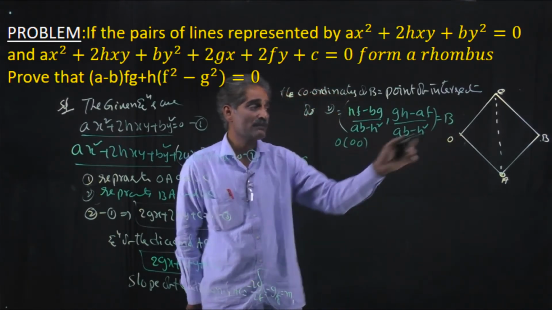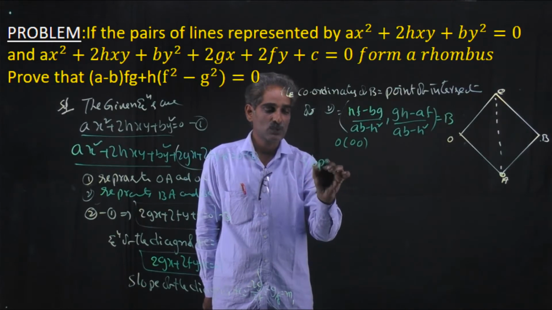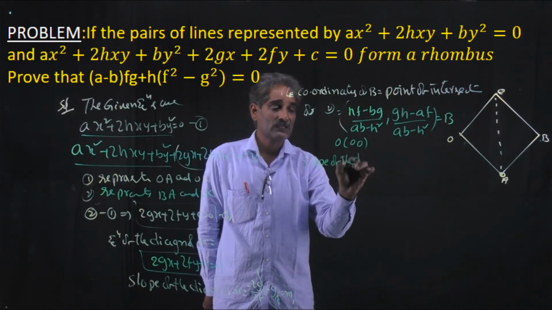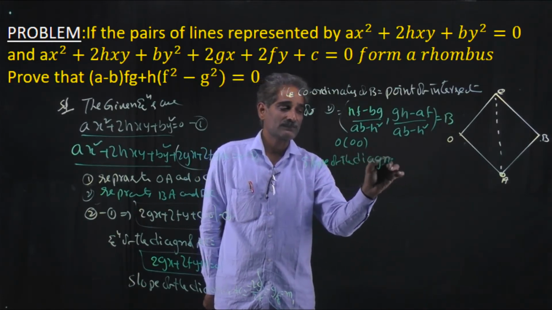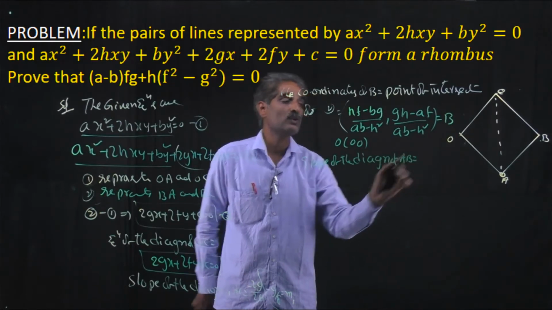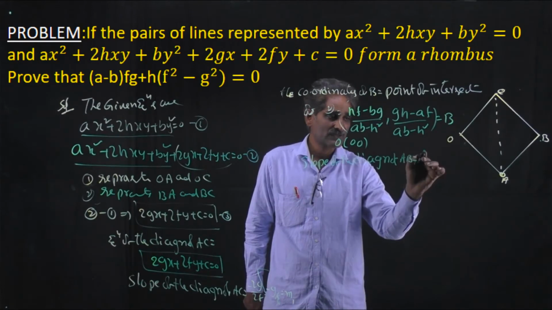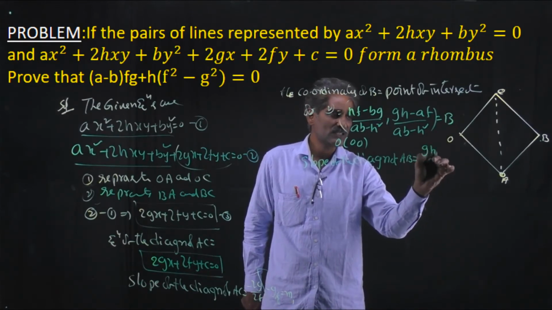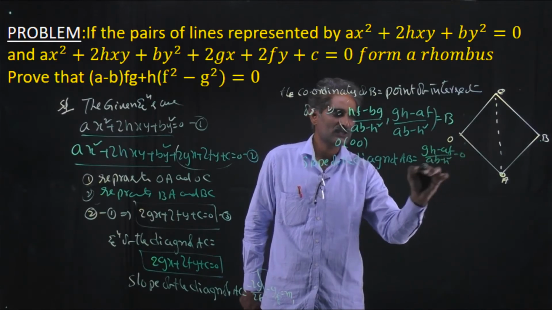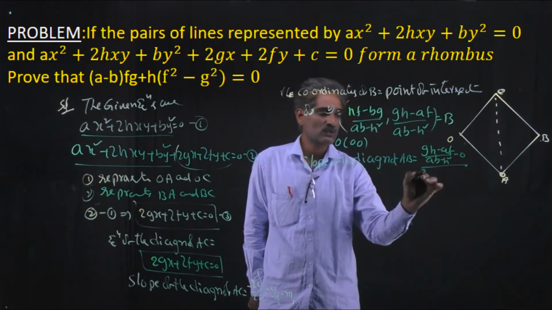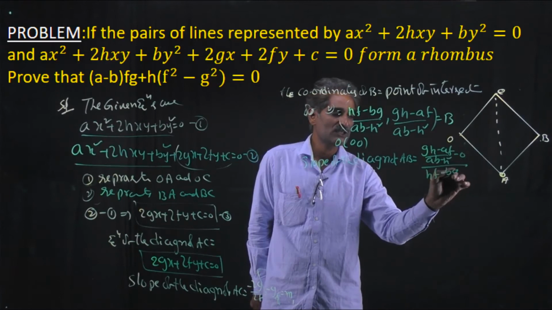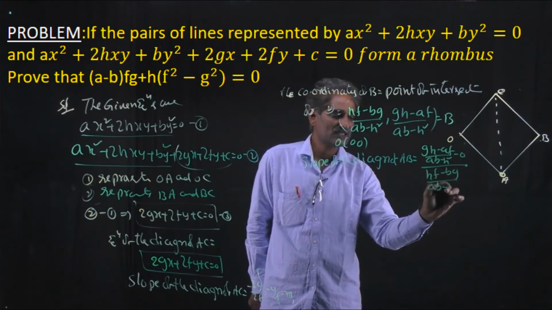Now the slope of the diagonal OB. Slope is equal to y2 minus y1 by x2 minus x1. That means GH minus AF by AB minus H square, minus 0, by HF minus BG by AB minus H square, minus 0.